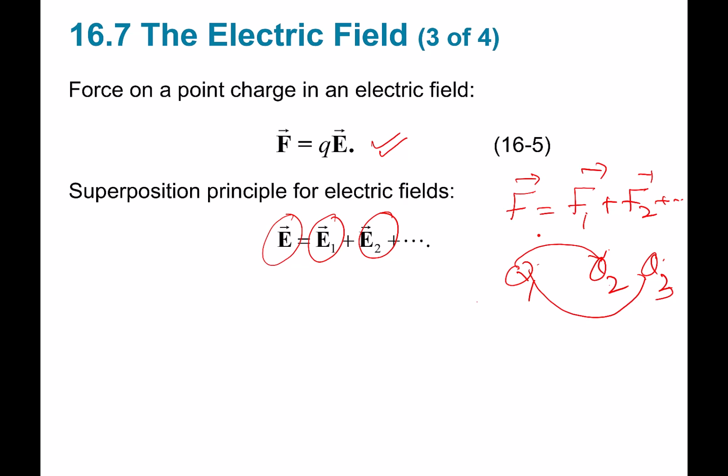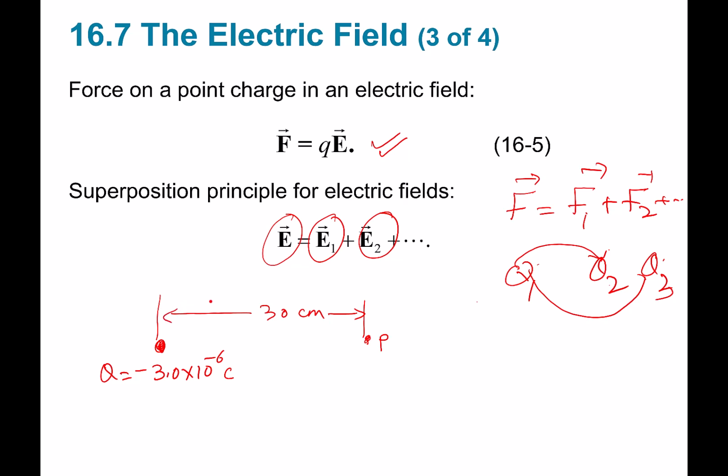We could actually use an example. For example, if we have a charge Q of minus 3.0 cross 10 raised to minus 6 coulomb, and there's a point P where I want to experience the force. The distance between this charge minus 3, which I call Q, and point P is 30 centimeters.